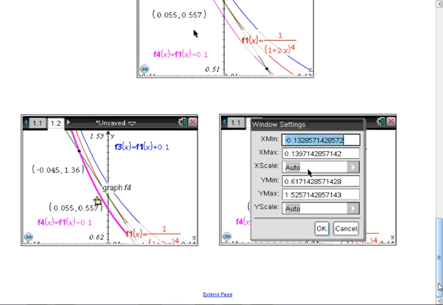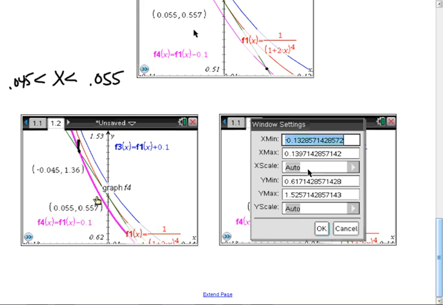When the x is between negative 0.4045 and, what's the upper one, 0.055, then the difference between my line and my curve, the red one and the green, this difference here between these two will be less than 0.1. You could graph the absolute value inequality if you'd prefer.